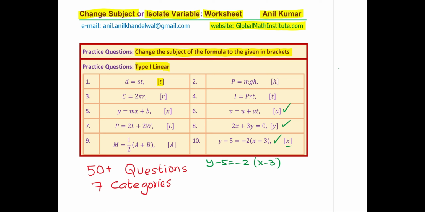So first thing is divide by minus 2. So we have y minus 5 divided by minus 2. That will give me x minus 3, correct? Now it becomes simpler. You can now write what x is. So x is equal to what? Bring 3 to this side. So we have y minus 5 over minus 2 plus 3. Is that clear to you? So that is how you could do it.